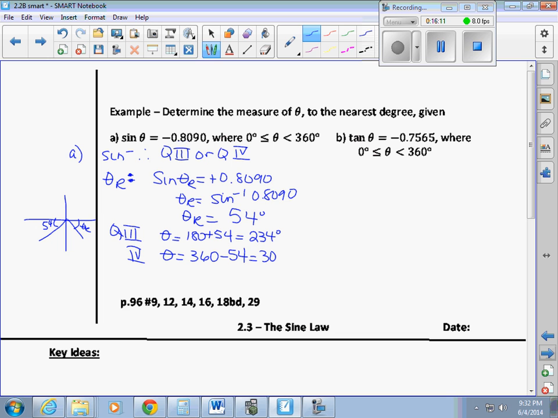So that's 306 degrees. Again, you can check these on your calculator and you find out that they both equal negative 0.8090. So theta is equal to 234 or 306 degrees, and that fits within our restrictions of 0 and 360.